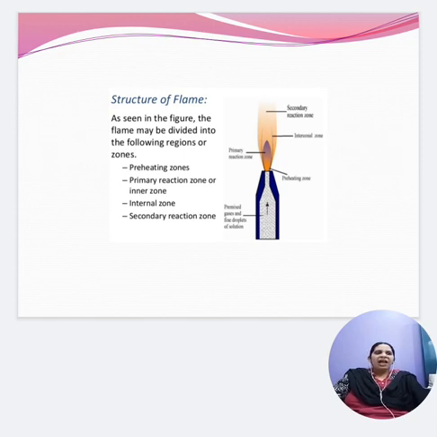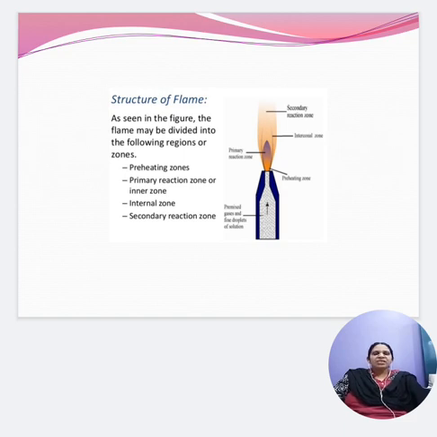The flame has several zones, also called regions. The first is the preheating zone. Then the primary reaction zone or inner zone, then the interconal zone, and then the outer flame containing the secondary reaction zone.